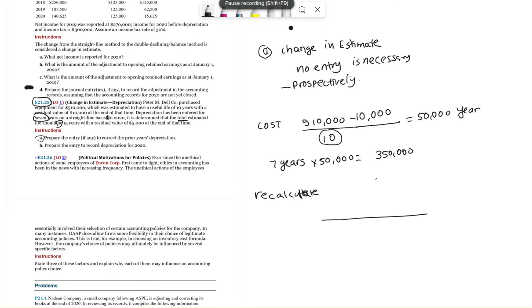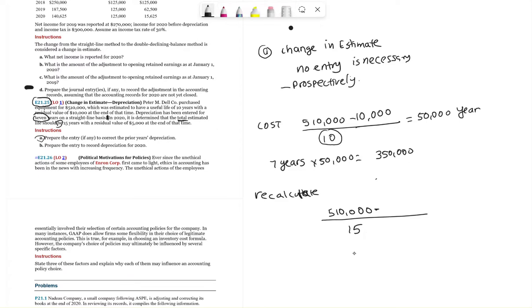It is determined that the total estimated life should be 15 years. So we have to recalculate our depreciation expense. The cost of the asset is not going to change, but instead of 10, the life should have been 15.